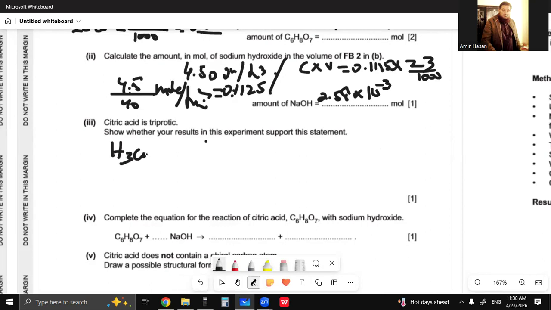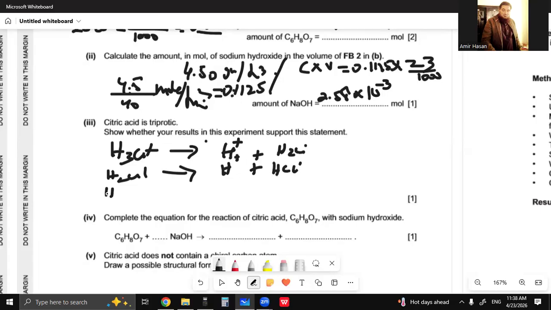Citric acid is H3 citrate, so three H ions are present. When we dissolve it in water, an H plus ion is released and H2 citrate remains. When we further dissociate H2 citrate in aqueous solution, we again get an H plus ion and HCitrate remains.